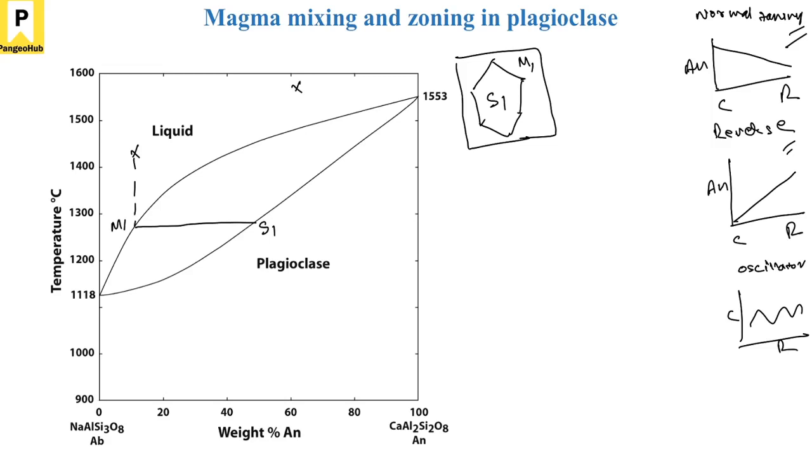This is magma M2, which is producing a solid S2. What I say is, how about we mix these two magmas?